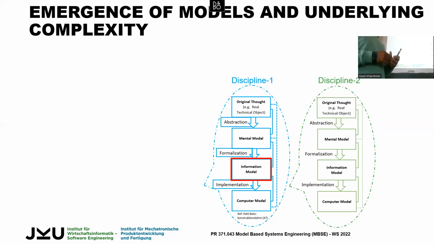So at that level, when we are discussing, or maybe we make some sketch, we know this is a mental model. Sometimes when you are talking with other engineers, maybe they understand, maybe they do not understand, because different engineering domains have different ways of understanding.